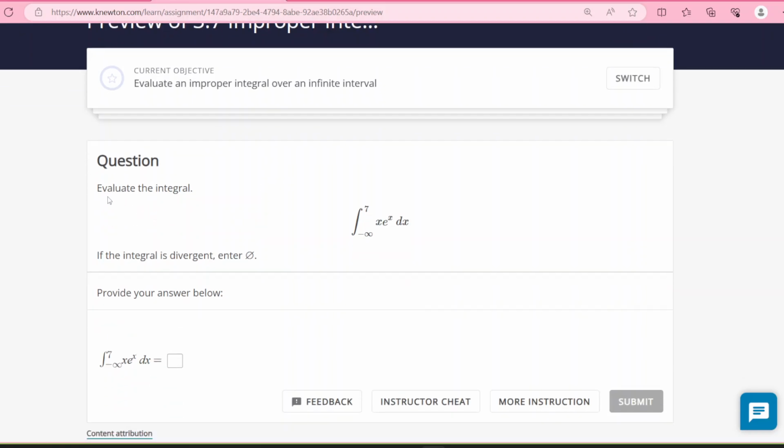For example, this first question, evaluate the integral. We're given the integral from negative infinity to 7 of x times e to the x dx. Now, since only one of the limits of integration is infinite, I don't need to split it up. We may see later integrals where you're going from negative infinity to positive infinity.